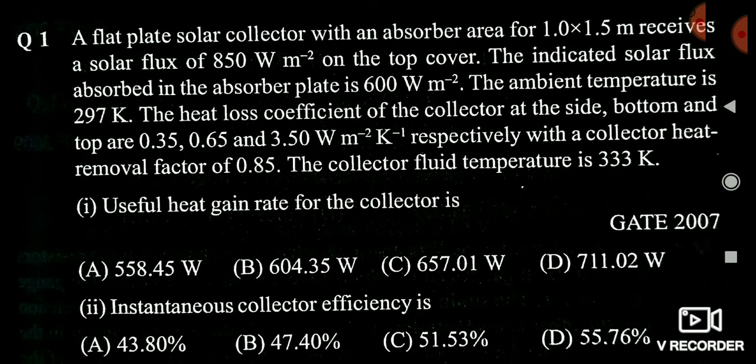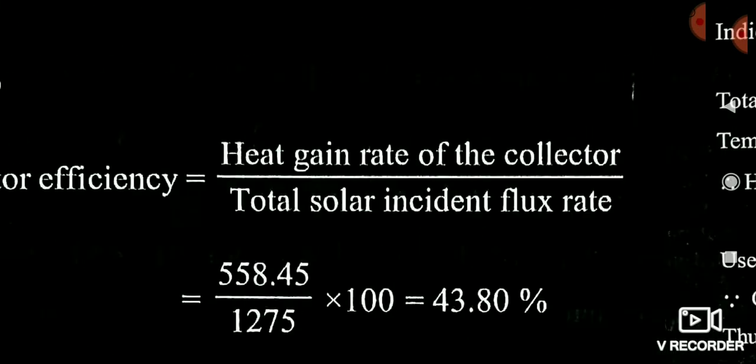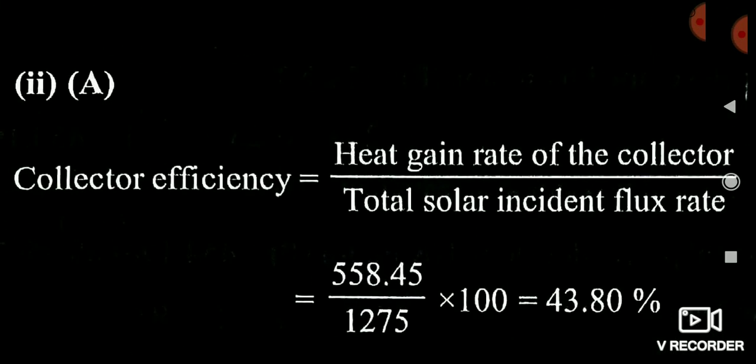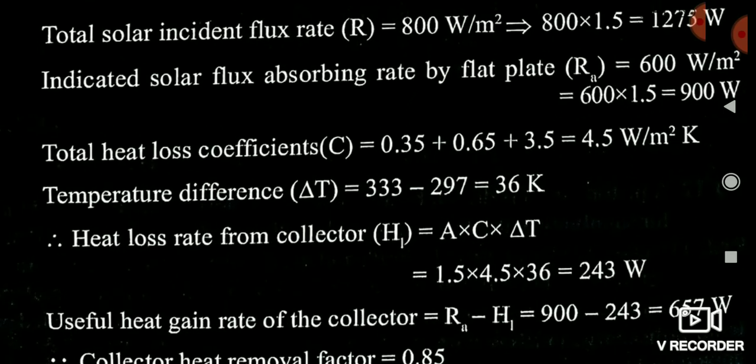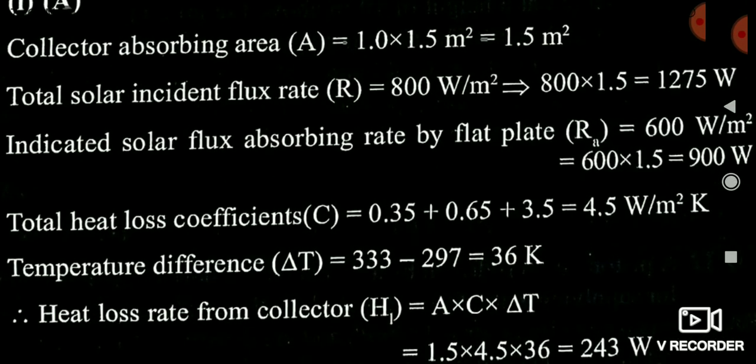After this, friends, it is asking what is the instantaneous collector efficiency. I think all of you know that collector efficiency is nothing but how much total solar energy is absorbed divided by how much total solar energy is given. Here we have calculated the total solar energy given is 1275 watt.